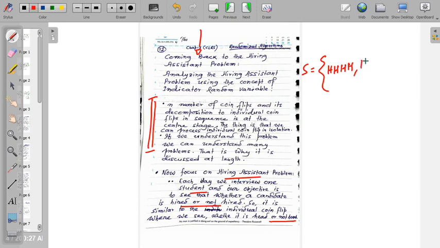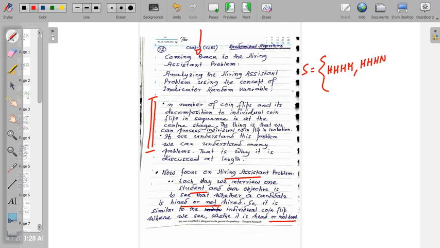Or, if I take the big random variable, meaning all n interviews coming together, it could be hire, hire, hire, not hire, and so on.